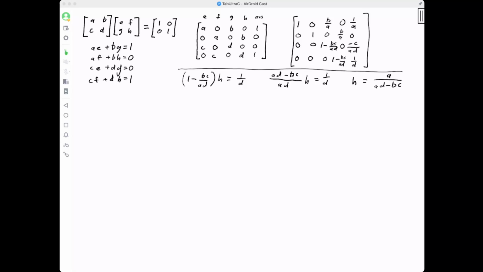This is for finding H. Let's repeat this process to find G. Reading off the second to last row, I get that 1 minus BC over AD times G is equal to negative C over AD.